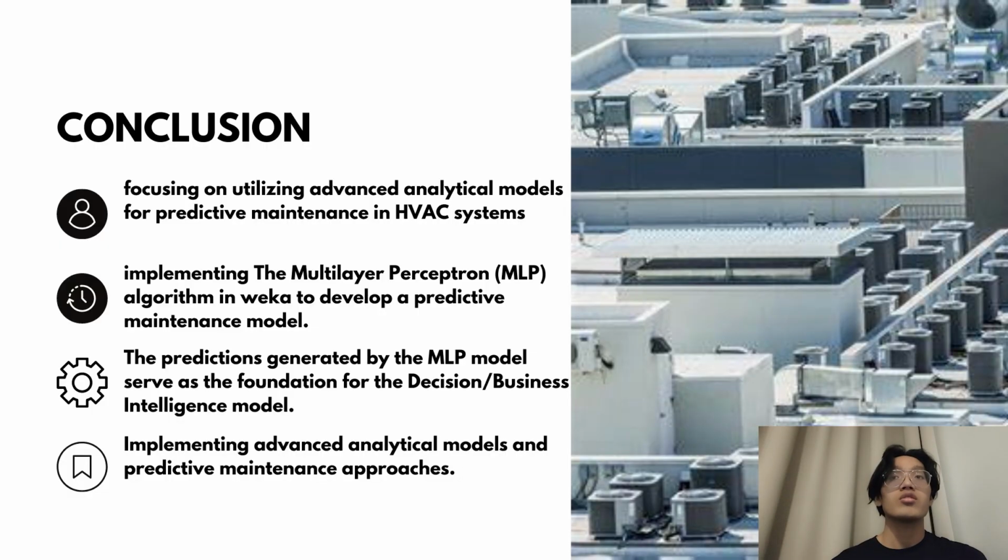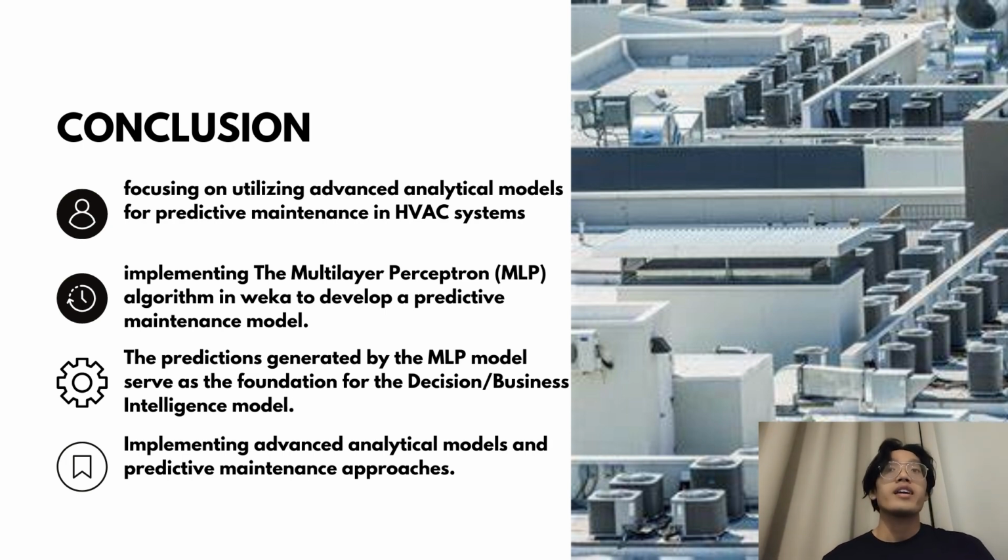Next, to conclude, our multi-layer perceptron classifier for HVAC system predictive maintenance demonstrates promising performance. This model accurately categorizes instances as no maintenance need or maintenance needs, as indicated by its recall and precision rates.